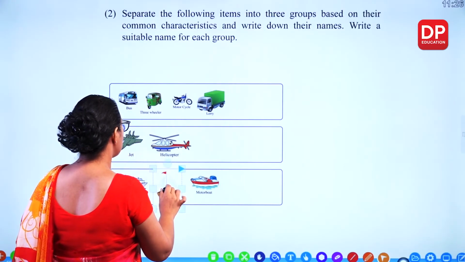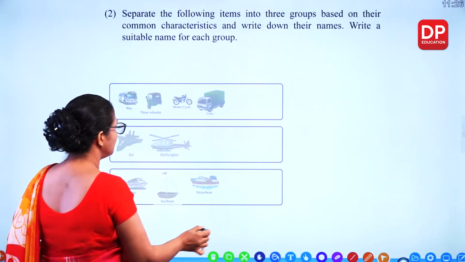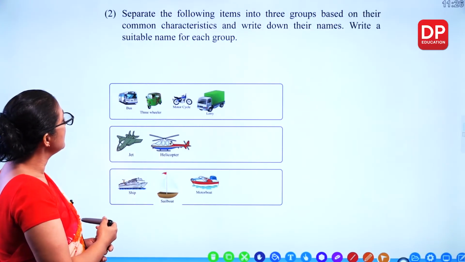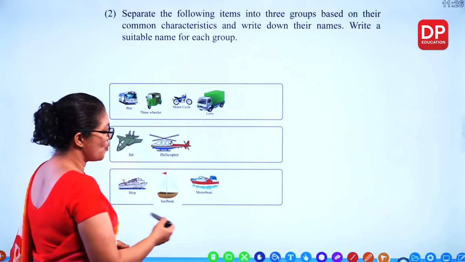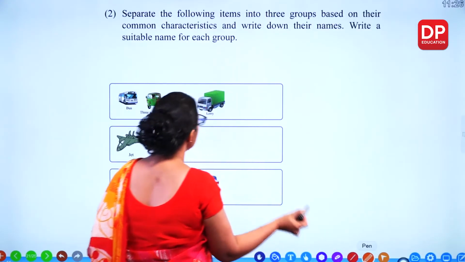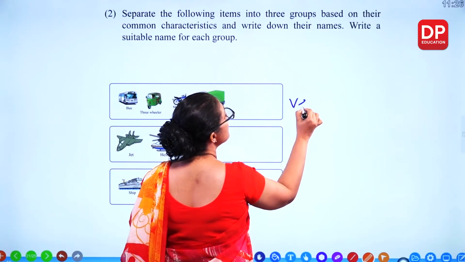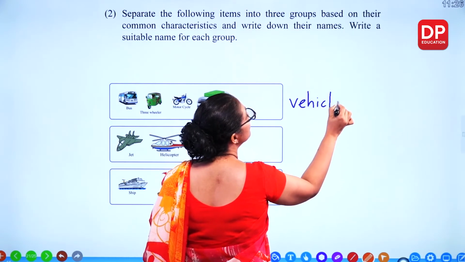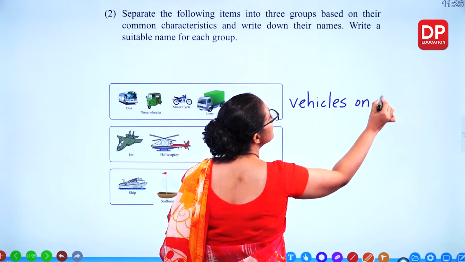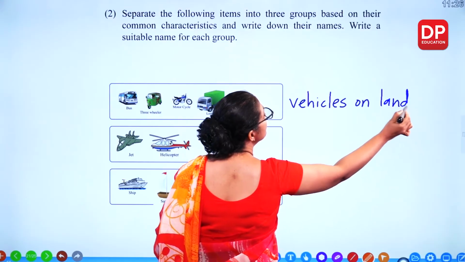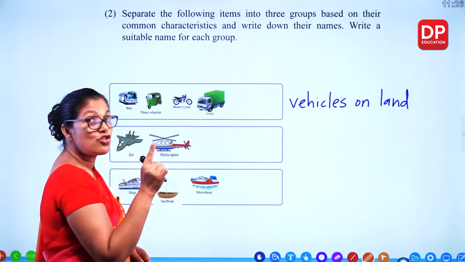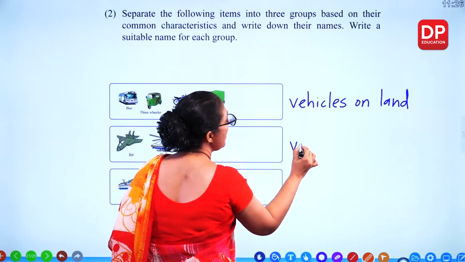So what are these? Can we name them? So we can give three names. This is vehicles on land. Helicopter and jet, vehicles on air.